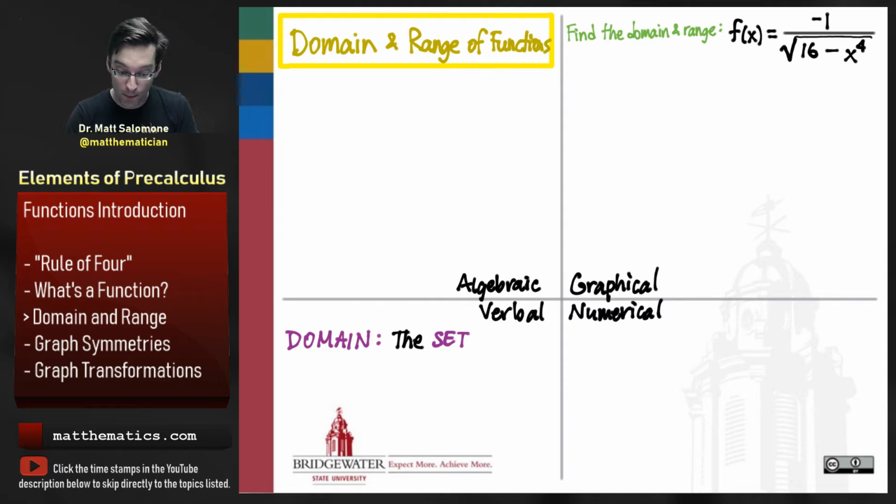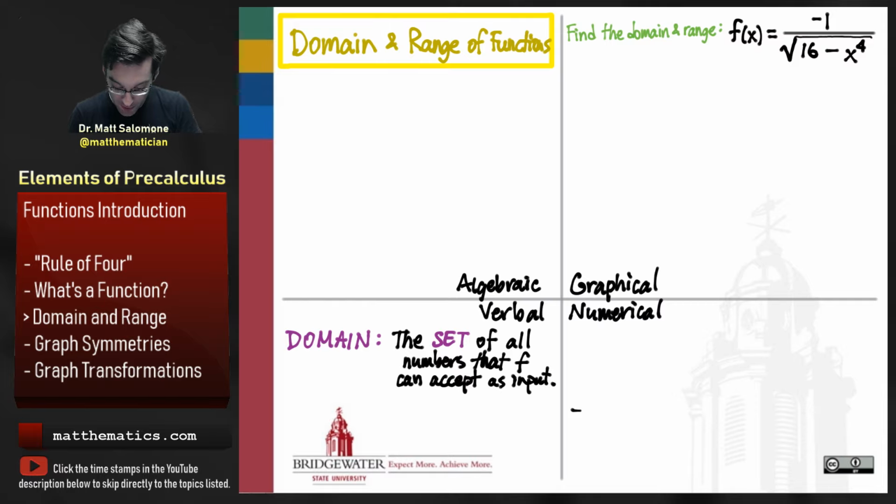Sets are whole buckets full of elements, and in this case, the elements are numbers. And it's the set of all numbers that my function can accept as input. So that's the long-winded verbal description. It's everything that I can fit into the top input hopper of my function machine, if you like.